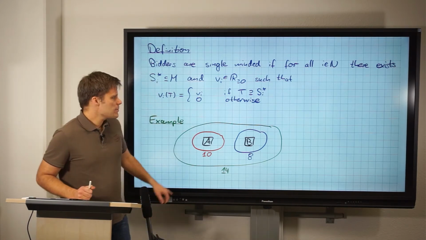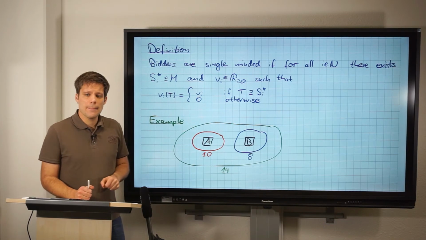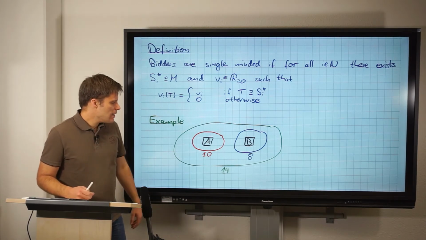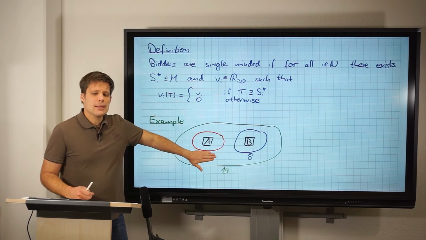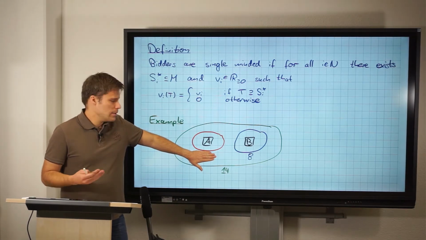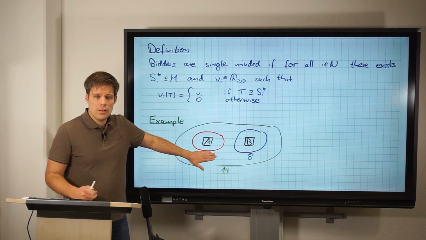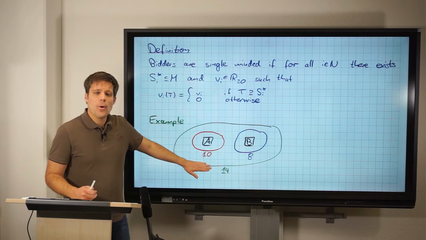And the only thing that is private knowledge is this v_i. So I don't know your value for this set of items. For example, in advance we already know that the red bidder has a value for item A, but we don't know what value it is.